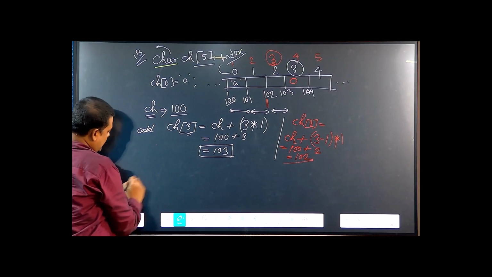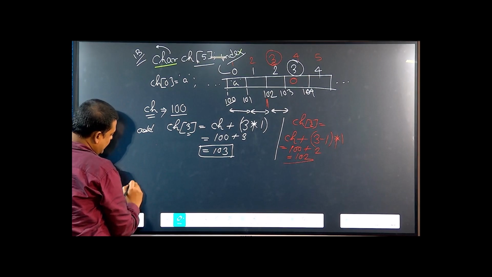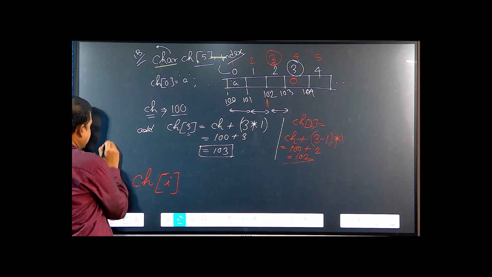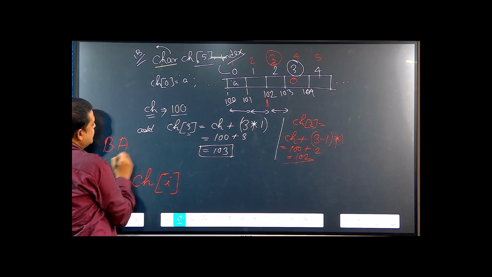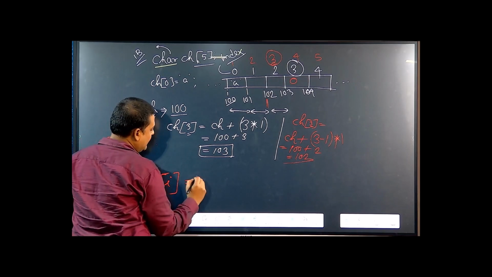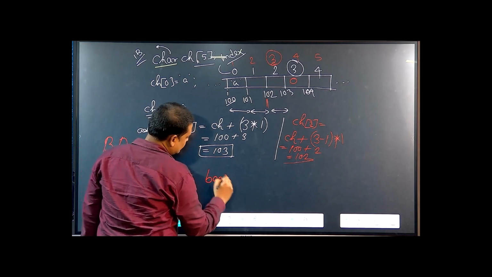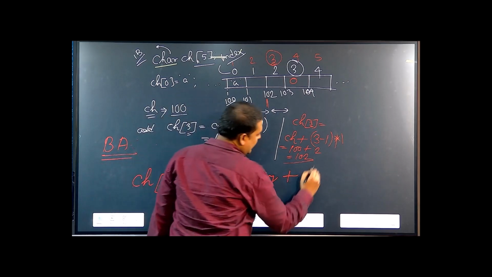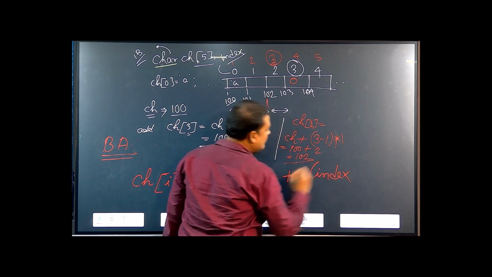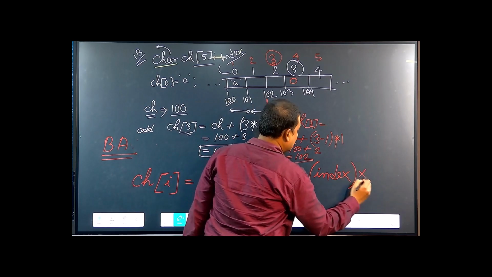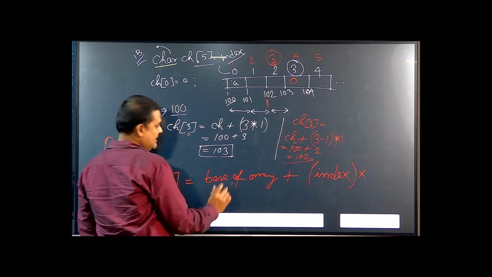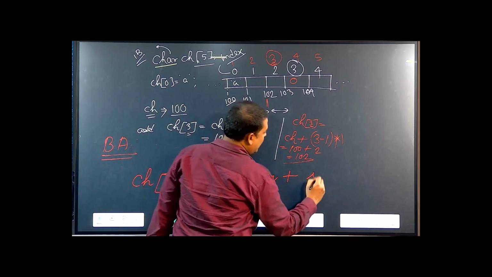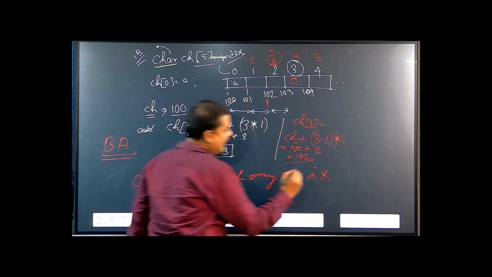If I am trying to know the base address BA of ch of I, it equals the base address of the array plus the index value I into the size of each element.